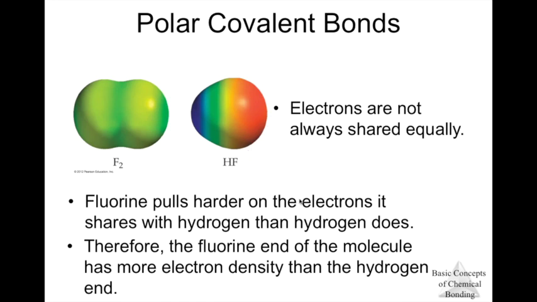Fluorine is pulling much harder on the electrons it shares with hydrogen than hydrogen does, so they're all concentrated over there. The fluorine end of the molecule has a greater electron density, so it's a little bit more negative over here and a little bit more positive over here. Even so, the molecule as a whole we don't consider to have a charge.